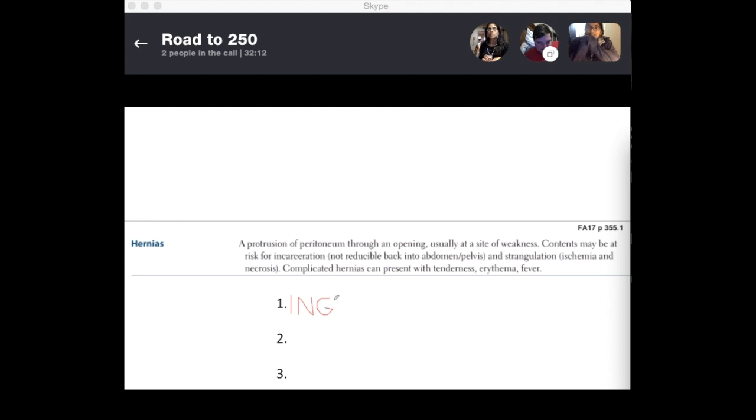What region? Inguinal hernia. Yes. And then diaphragmatic. All right, so those are our 3 main types of hernias that we will be discussing today.